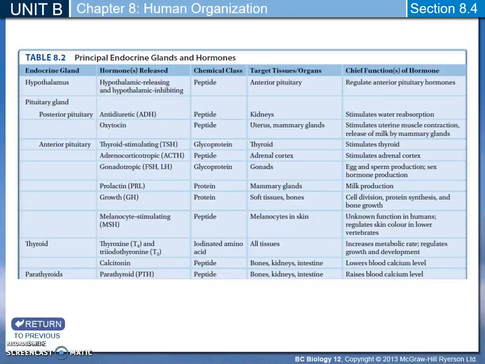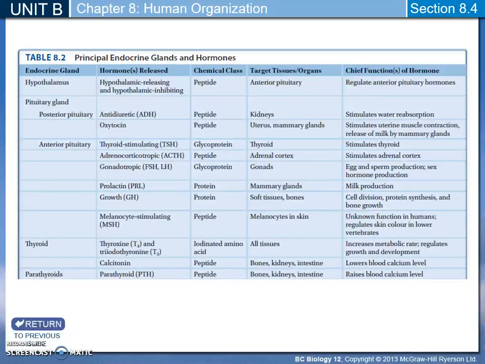So you will need to know the hypothalamus, which releases the hypothalamic releasing and hypothalamic inhibiting hormones, and its target is the anterior pituitary, and that then regulates the anterior pituitary hormones.